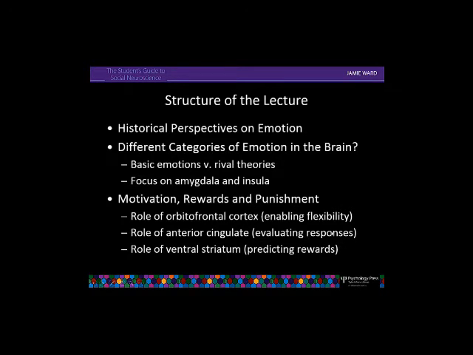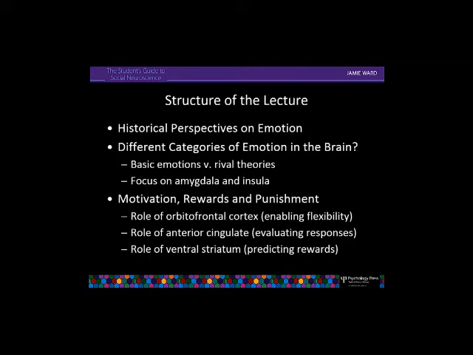So that's kind of just a bit of a preamble here, and really we've got three different parts. One is I'll talk about historical perspectives on emotion, or theoretical ideas around emotion, some of which have some common currency and some that don't. I'll talk about how many emotions there are, or how we divide or categorize emotions.